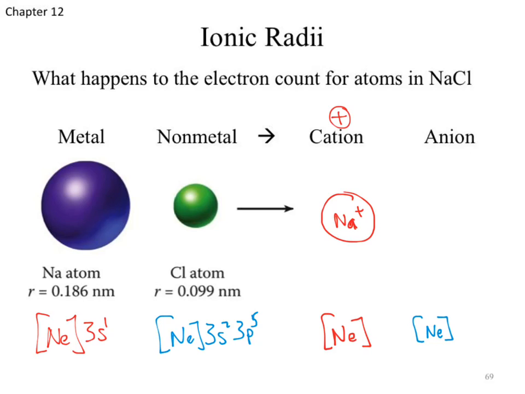Our chlorine being more electronegative than the sodium does what? It takes the electron away from the sodium. Where does that one extra electron go? Into the p orbital, and I end up with my electron configuration being 3s2, 3p6.